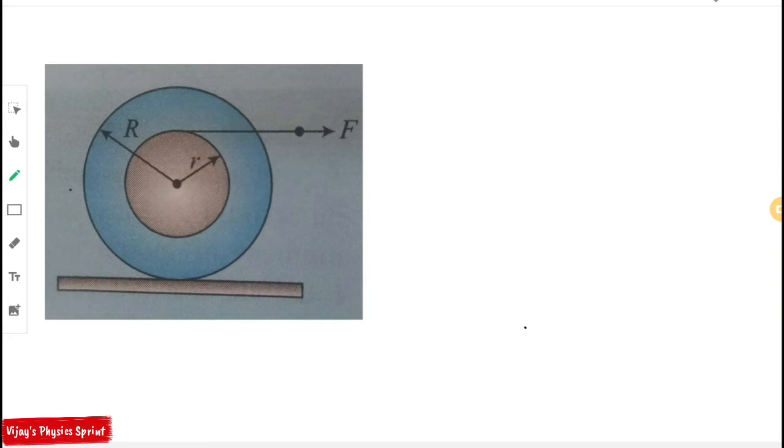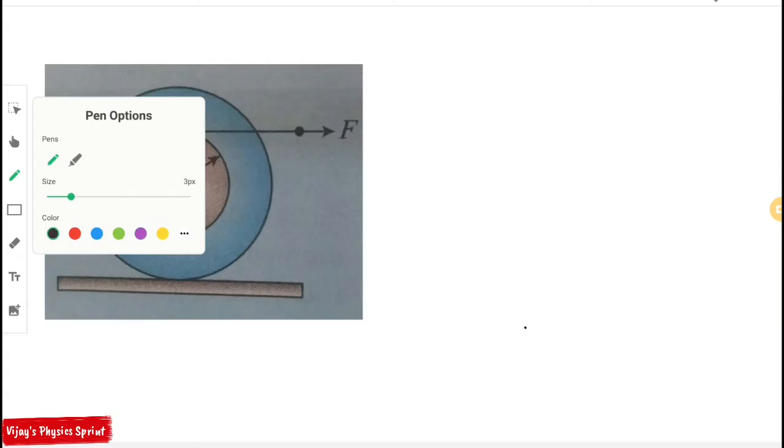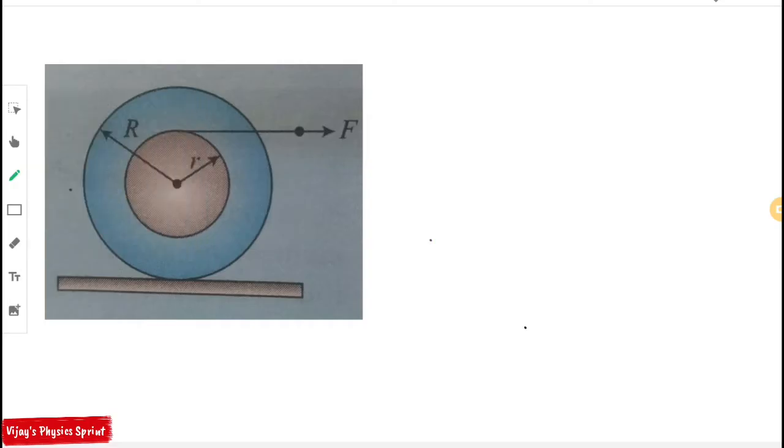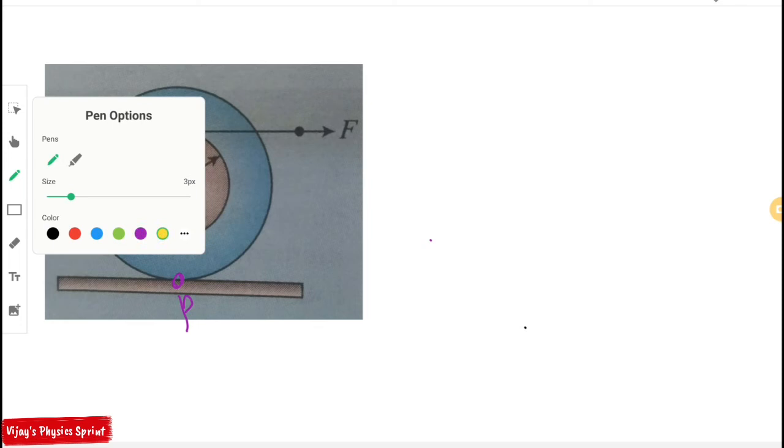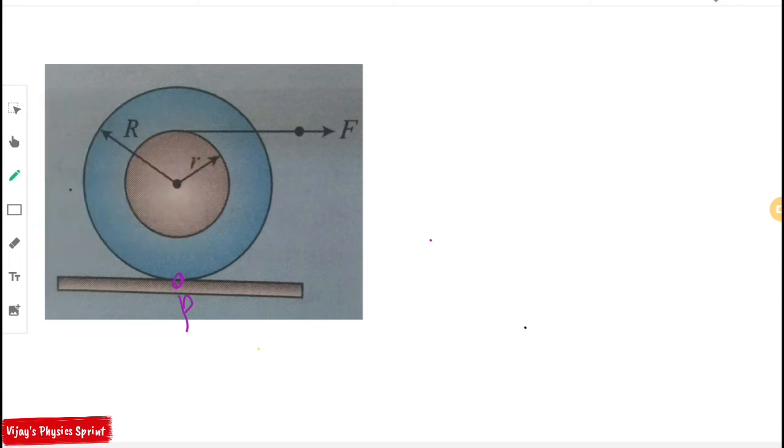Now the force is applied at the upper end of the wire or string. P is the point of contact, the instantaneous axis of rotation. Again the force produces a clockwise torque, so the spool moves in the forward direction with acceleration a. The frictional force is f.